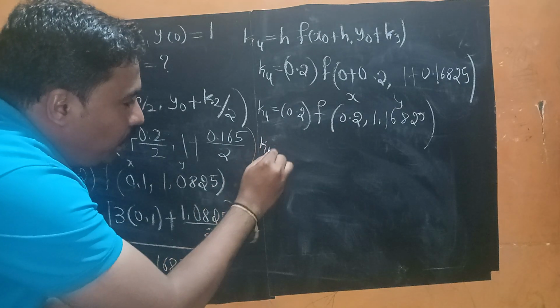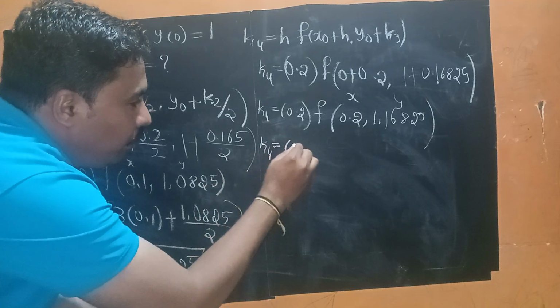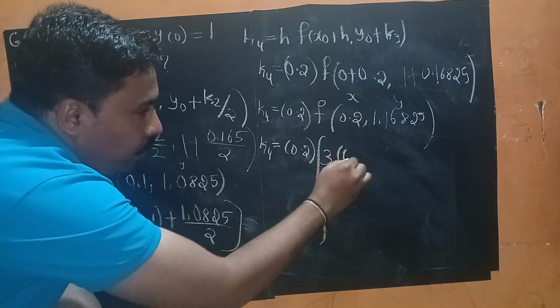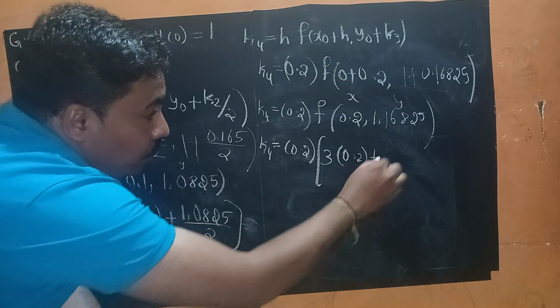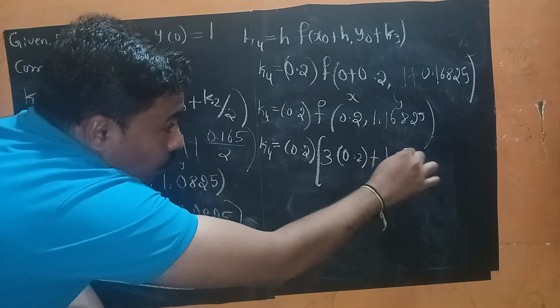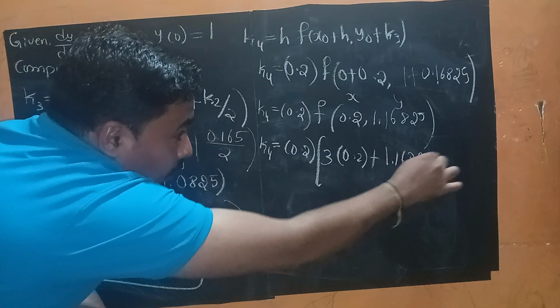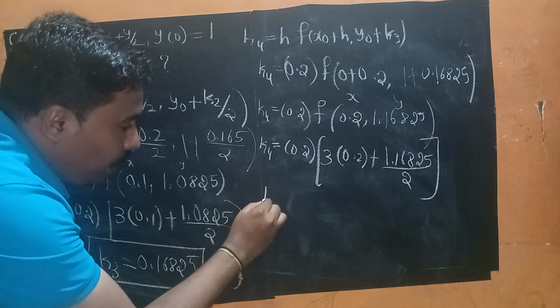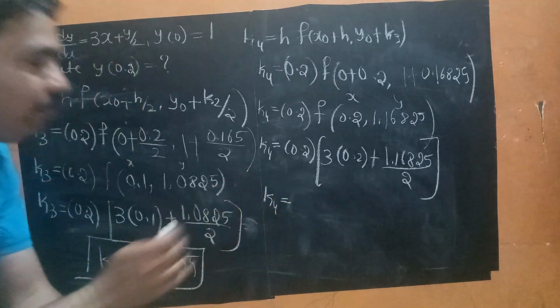So this we have to replace in f of x comma y. So 3, x value is 0.2 plus y is 1.16825 divided by 2, y by 2. So if we do it, we will have K4.